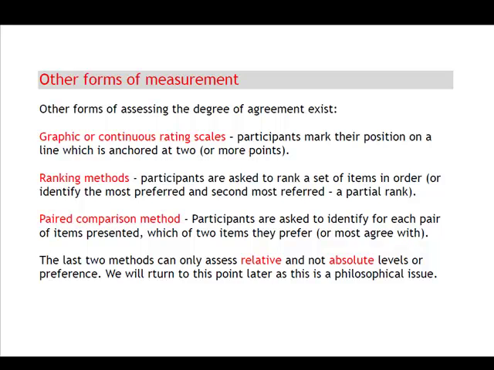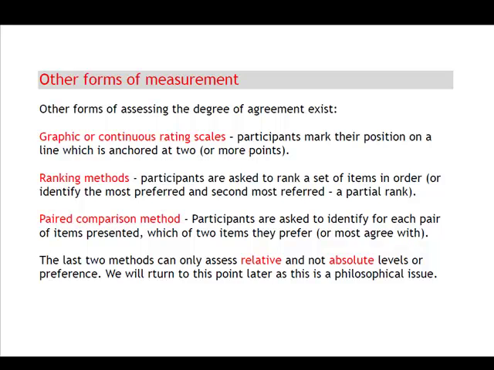Ranking methods are used occasionally, but are not analysed correctly, where participants are asked to rank a set of items into order. Or partial ranks, where they're asked to choose the top and then the next top, or the best and the worst. There are numerous ways of doing this, partial rank data.